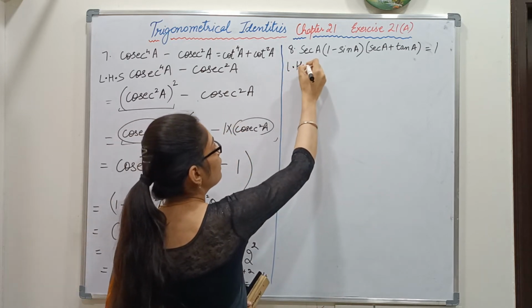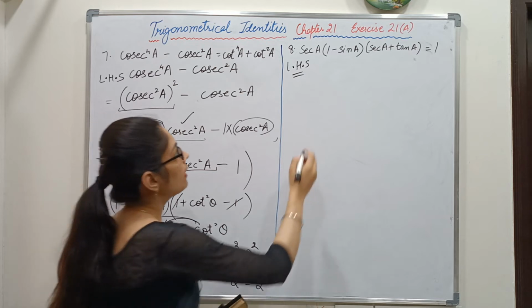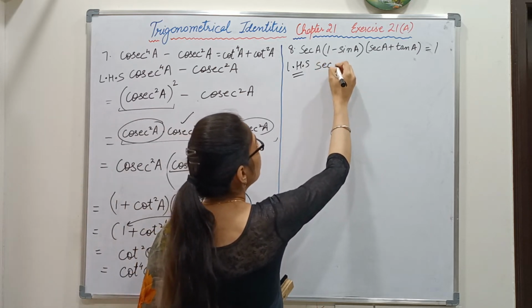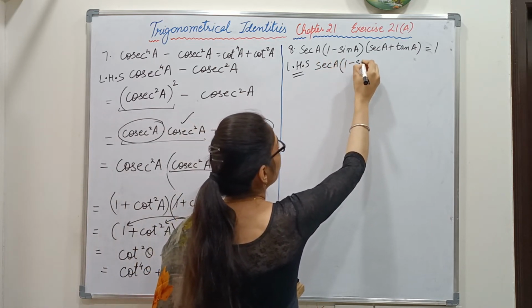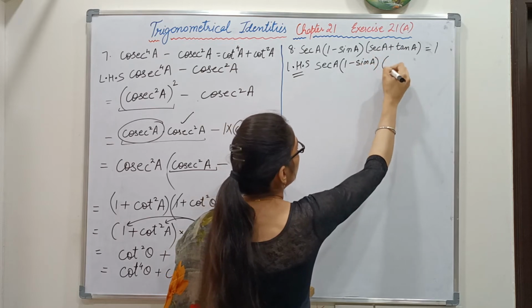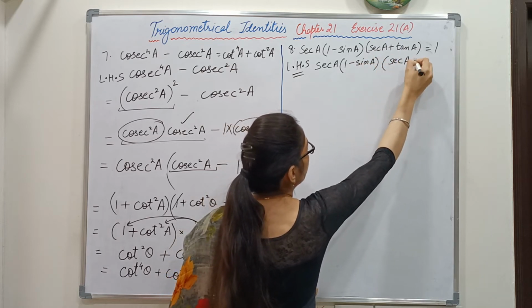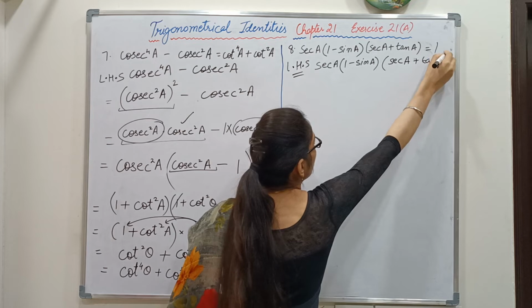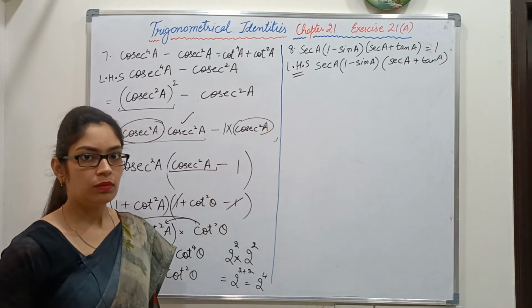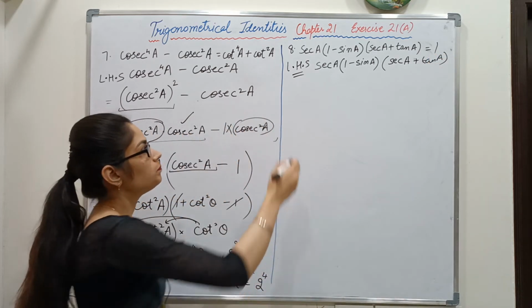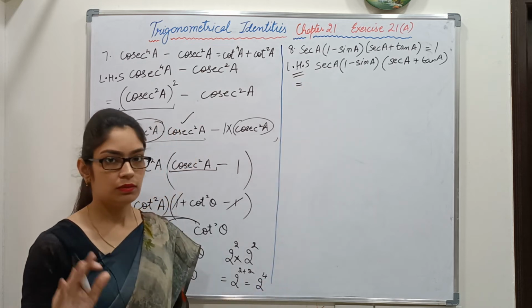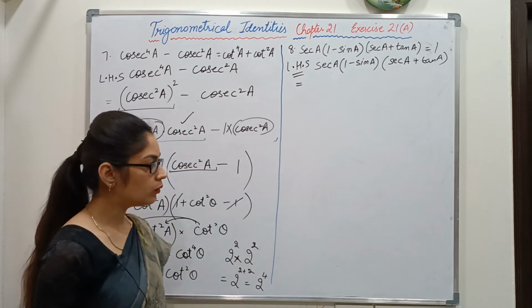So left hand side, I'll write: secant A into 1 minus sin A, into secant A plus tan A. Now we don't know from where I should start. So actually 4 things I have already told you.